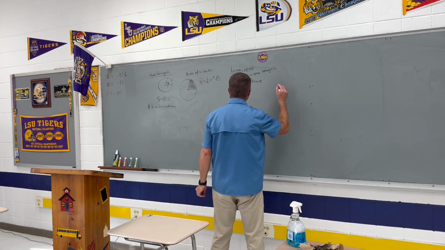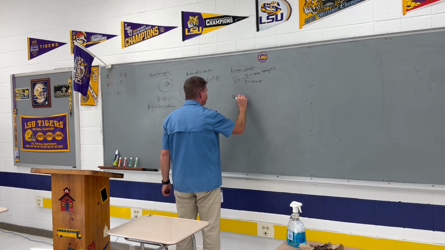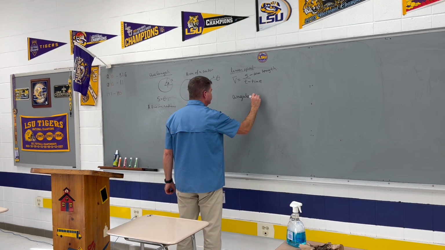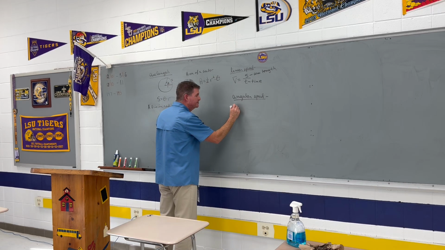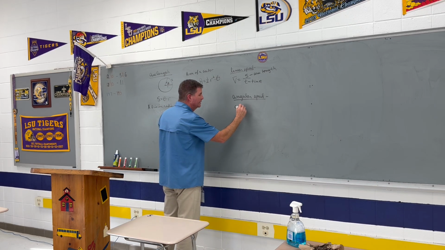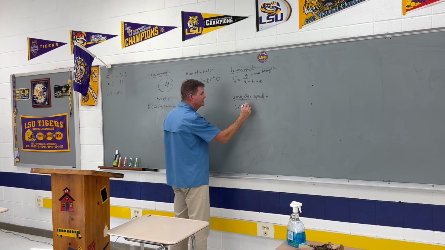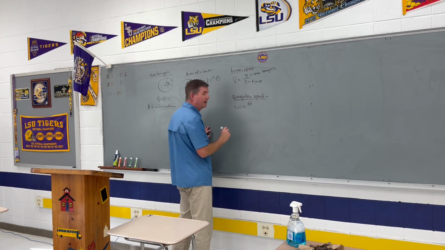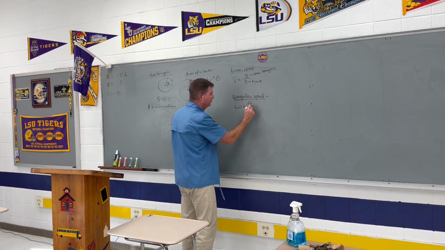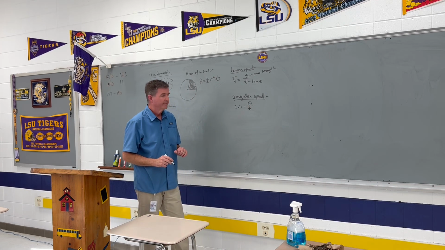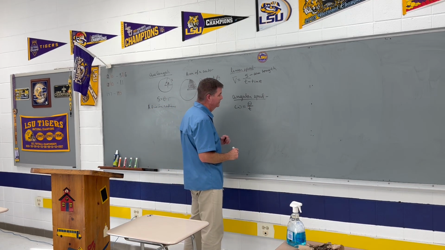So that's called angular speed. The angular speed is omega, which is a Greek letter, and it's equal to theta, the angle, how much it turns over time. It's the angle over time.